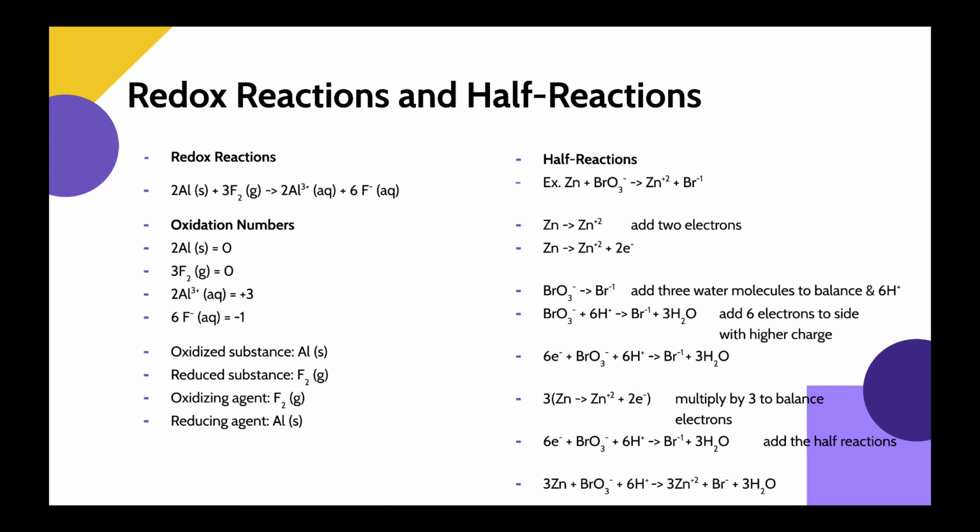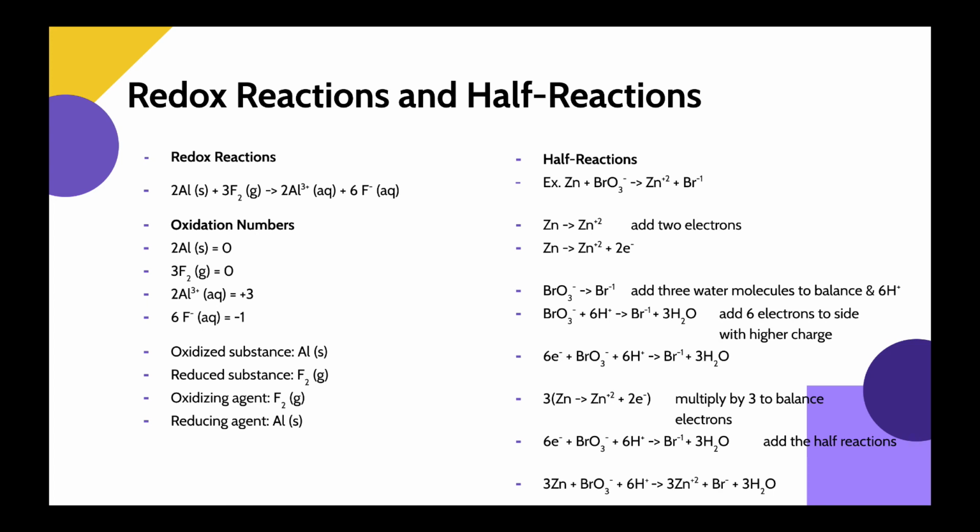So to balance that, we just add 2 electrons. And for our next half reaction, we have bromate that becomes bromide. So bromine is already balanced, so we are left to balance the oxygen. And we can do this by adding water to the half reaction. So we add 3 water molecules to the right and 6 hydrogen ions to the left to balance the half reaction. Now we have to balance the charges.